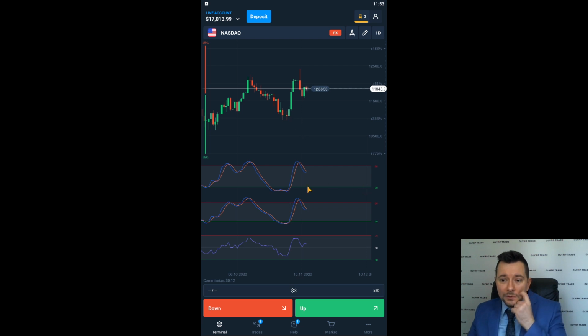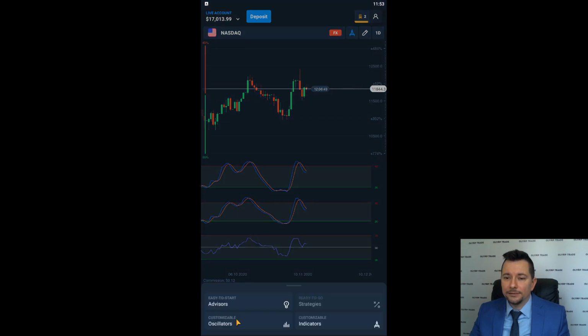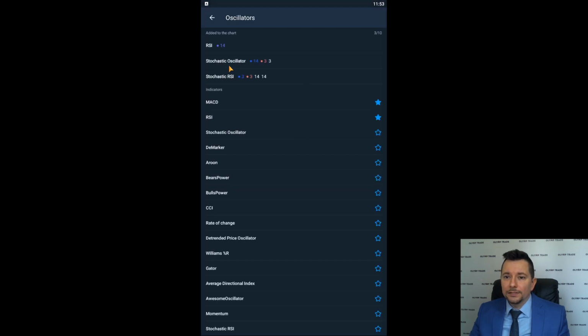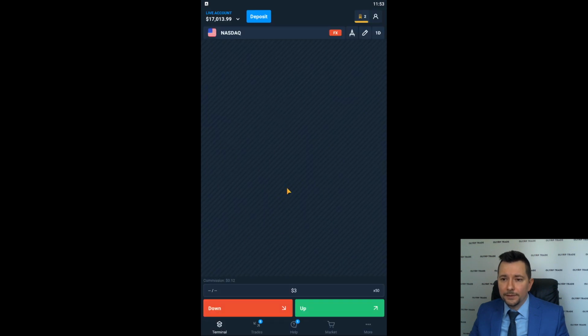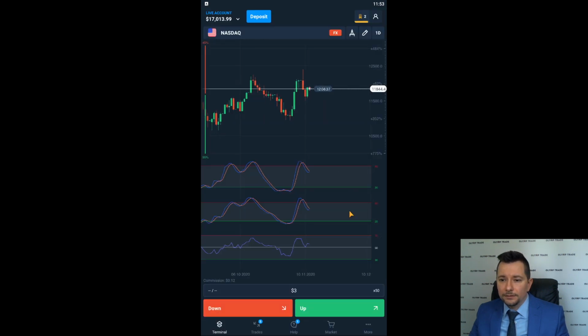So here we go. Well, it looks like we have two stochastics for some reason. Let's go ahead and have a look at that again. Stochastic oscillators, RSI, it's really strange. They really should not be looking the same. So these are two stochastics.